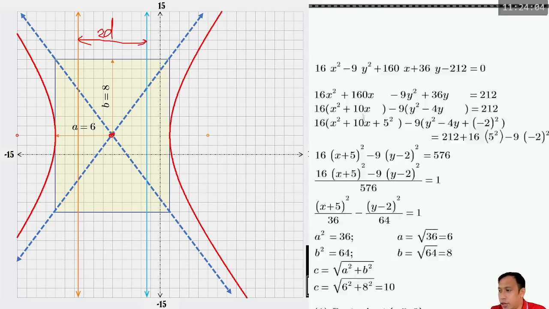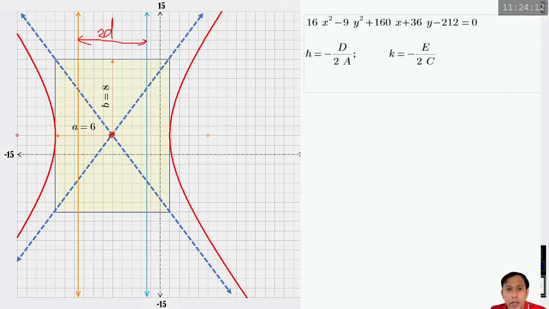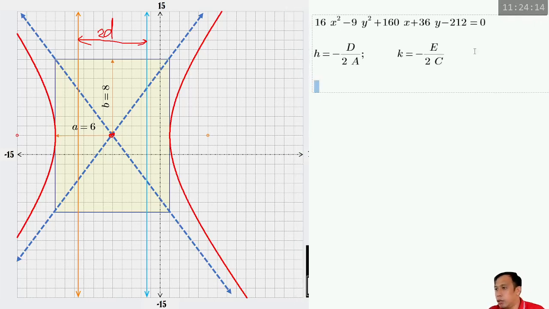The formula is still this, for the hyperbola. Okay? So, pwede natin i-apply ito. Let's try. Yung D nito is equal to 160. Okay, yung A is equal to 16. So, it's negative 5, no?